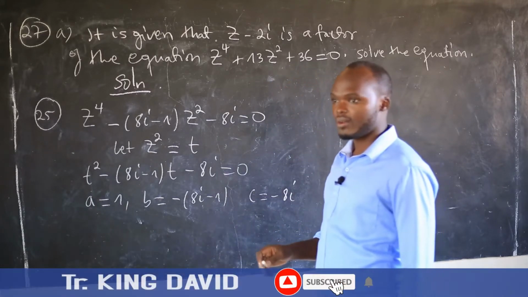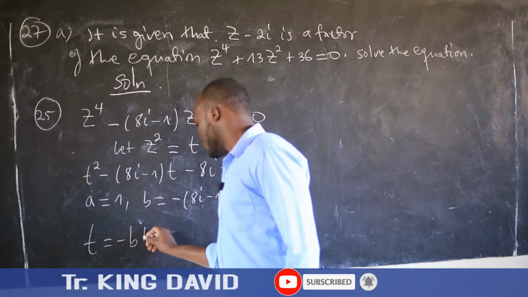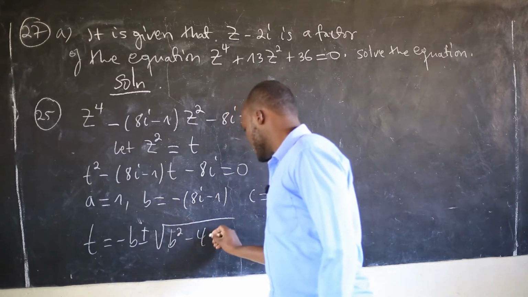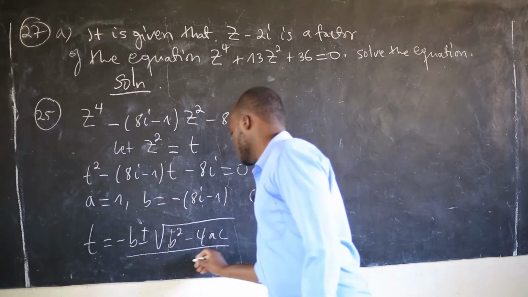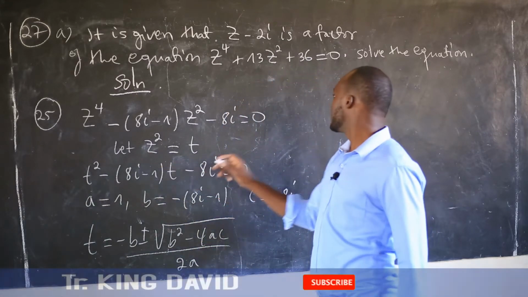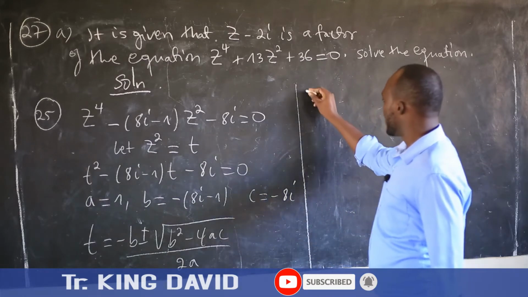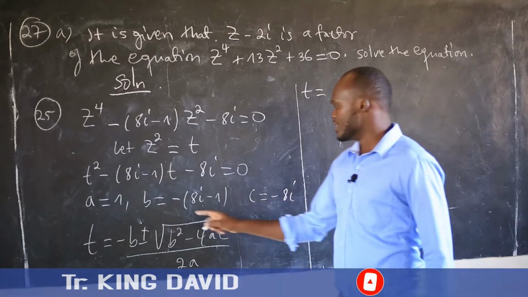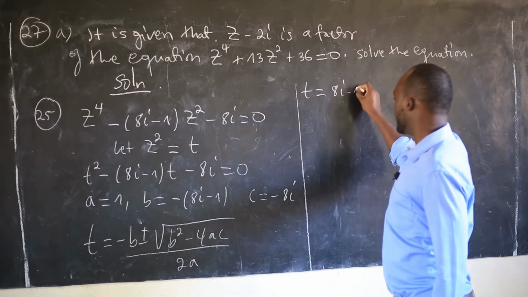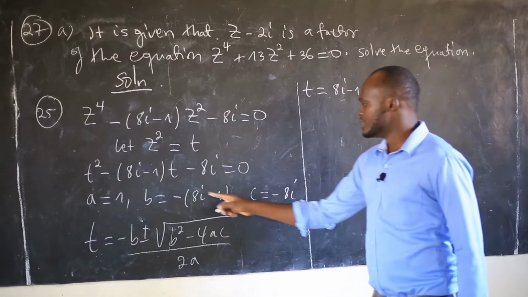So we use the quadratic formula, which is T equal to negative B plus or minus square root of B squared minus 4AC, divided by 2A. After getting the value of T, it will help us to get Z squared. So now our negative B becomes positive: 8i minus 1 plus or minus the square root of this value squared.